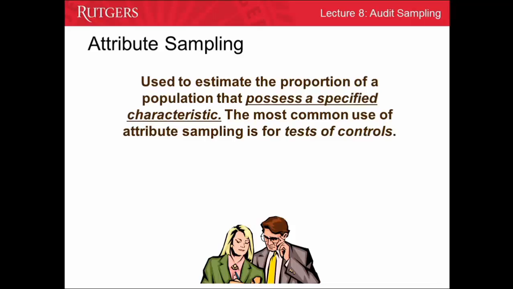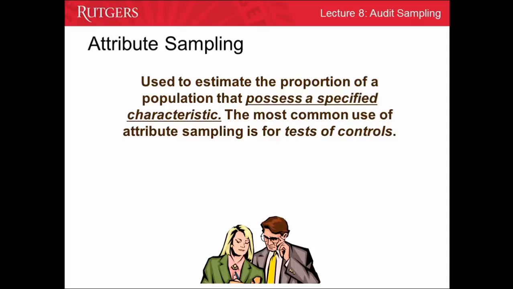The most common use of attribute sampling is for tests of controls. In this case, the auditor wants to determine the deviation rate of a control implemented within the client's accounting system.